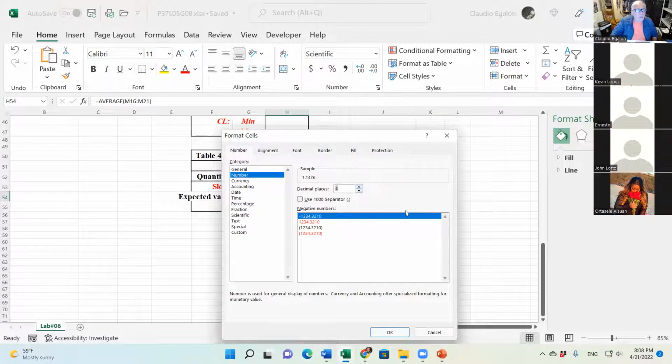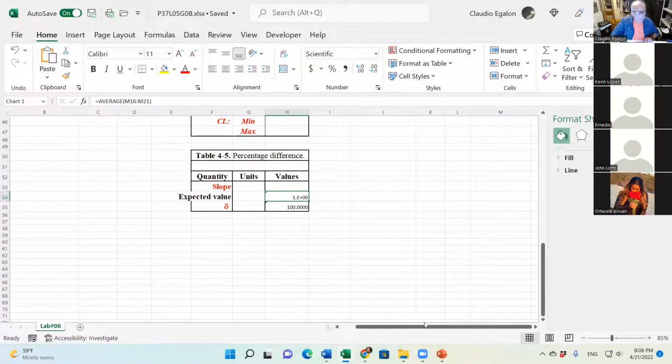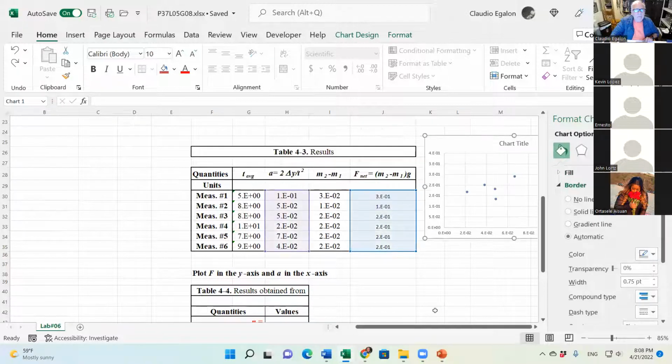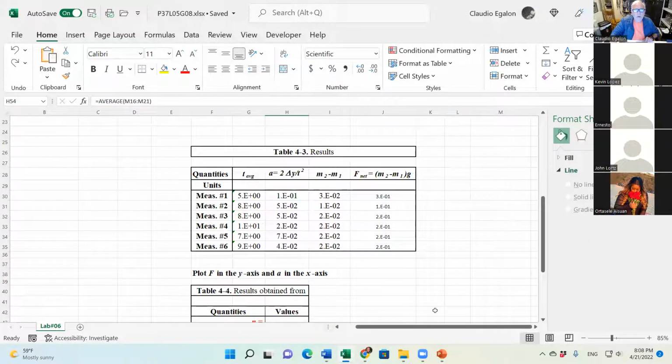This is supposed to be 1.1, and yet I'm getting 1.3. Close to 15%. Okay, maybe less, which is okay. So let's go ahead and plot your graph.